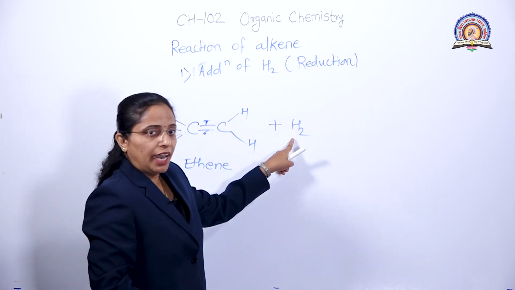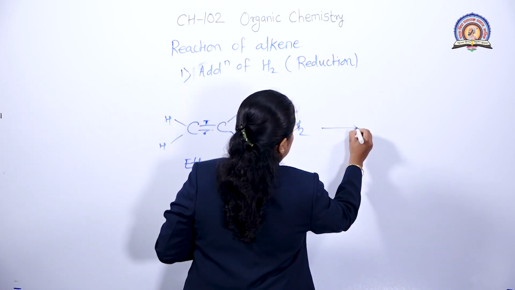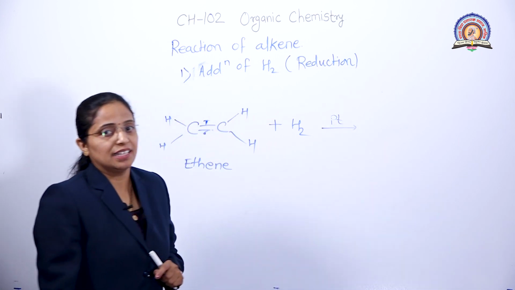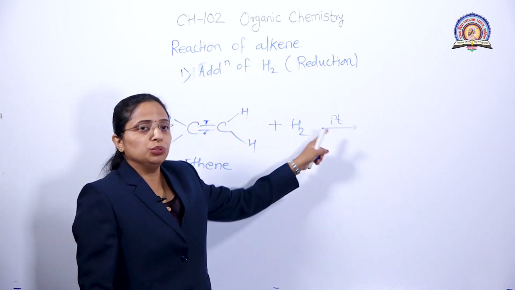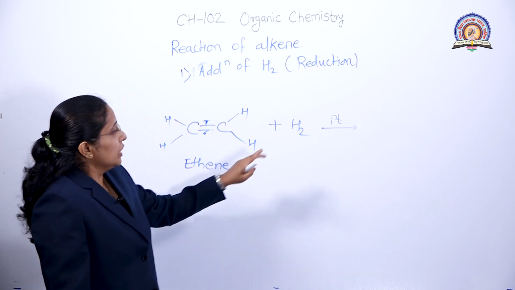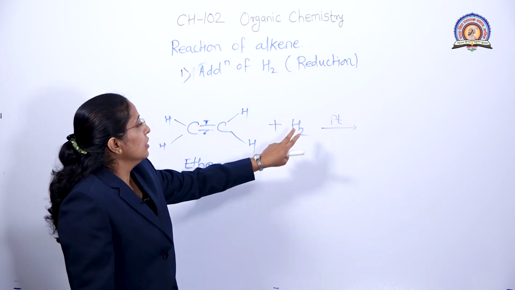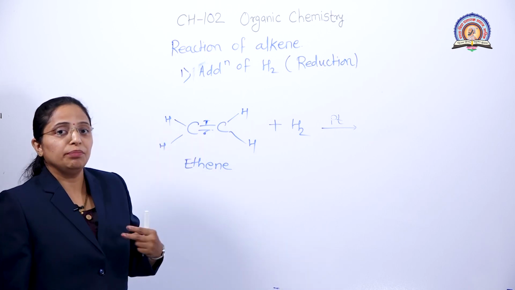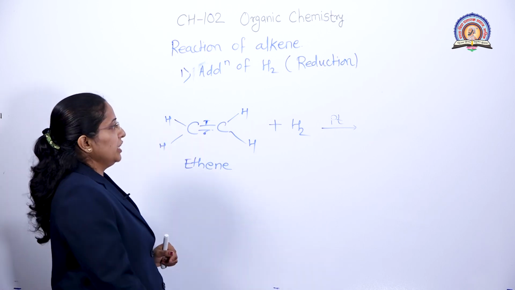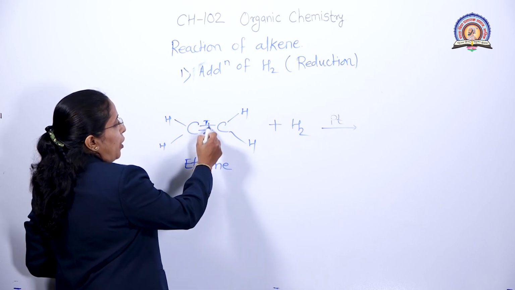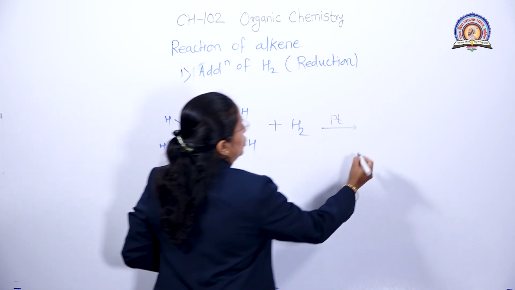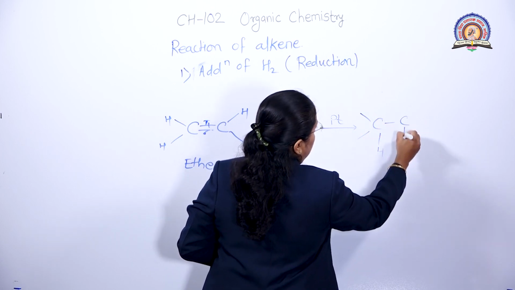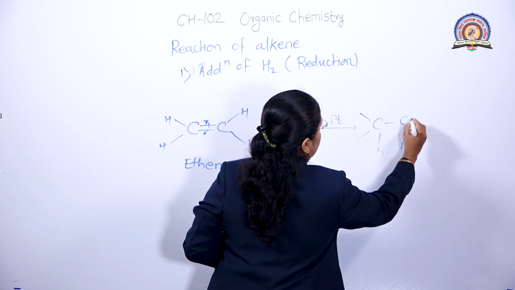When we add hydrogen in presence of platinum, palladium or nickel as a catalyst, these metals are used as a catalyst. In presence of this metal, the hydrogen gets added into the alkene, an exothermic reaction occurs, and during that exothermic reaction the pi bond breaks and two new sigma bonds are formed.